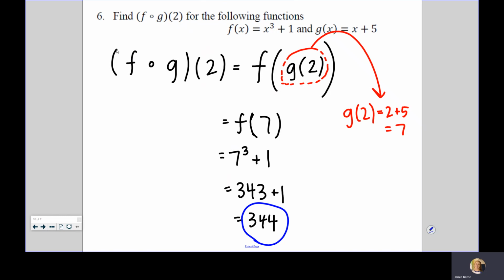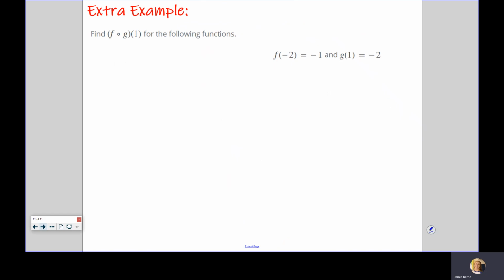All right, the last one I wanted to show you, and I figured you could add it into your notes if you wanted to, was this one from the homework. It says find f composed with g of 1 for the following functions. And then it just has it written a little bit differently. But we're going to be using the same rules.